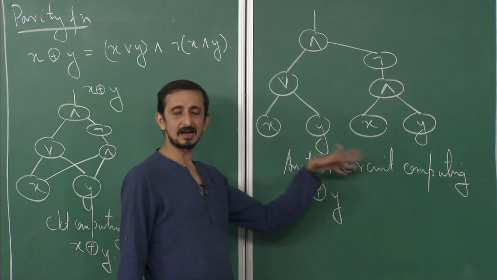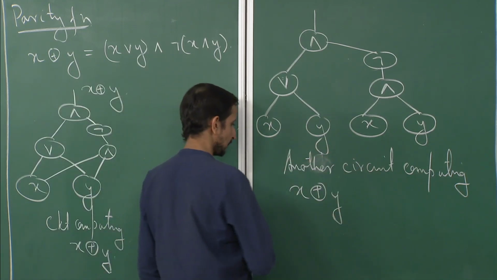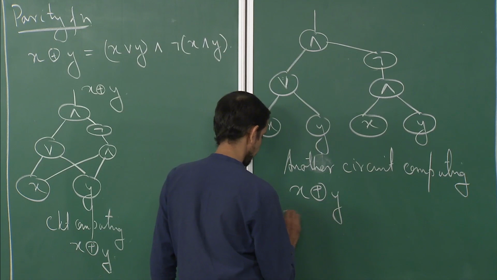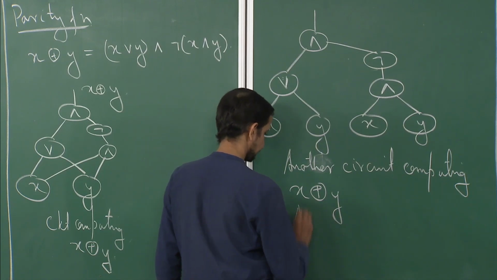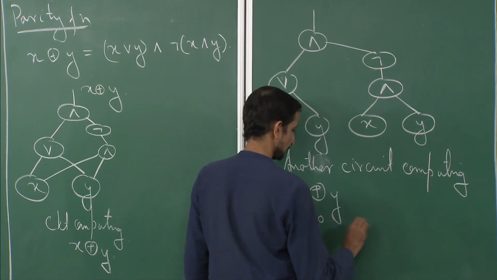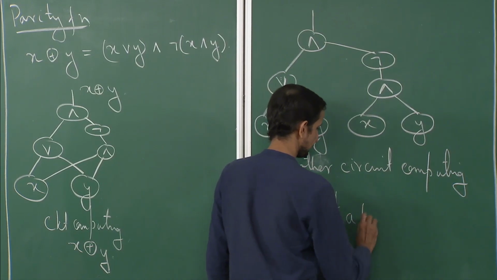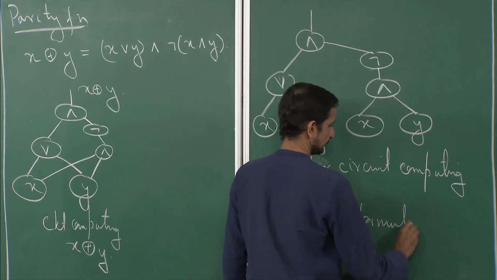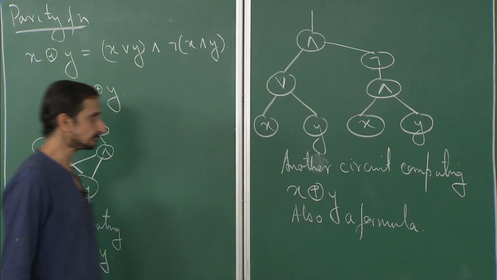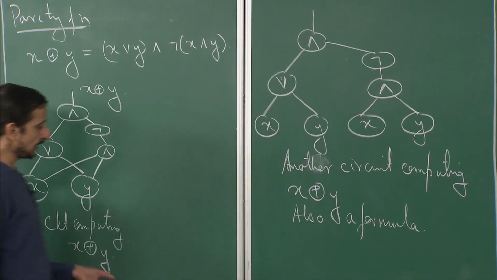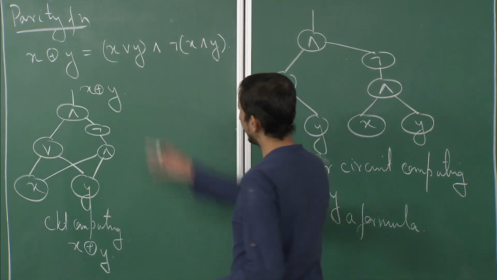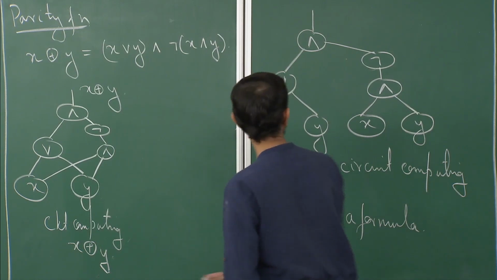So if a circuit has out degree at most 1, it is also what is called a formula.